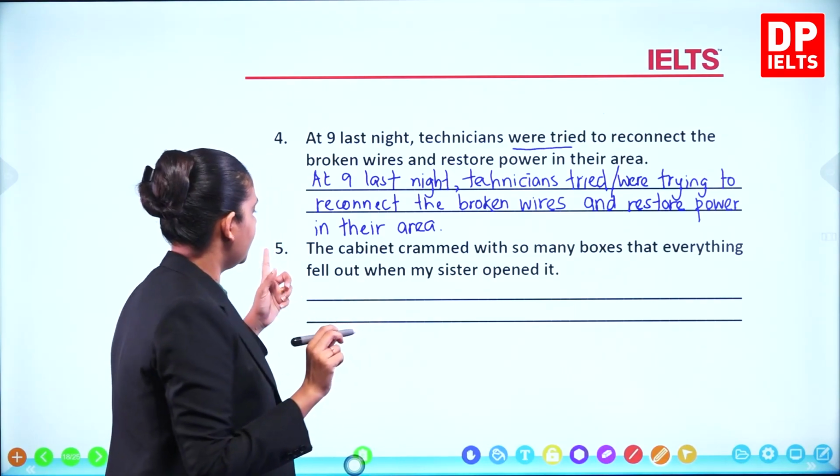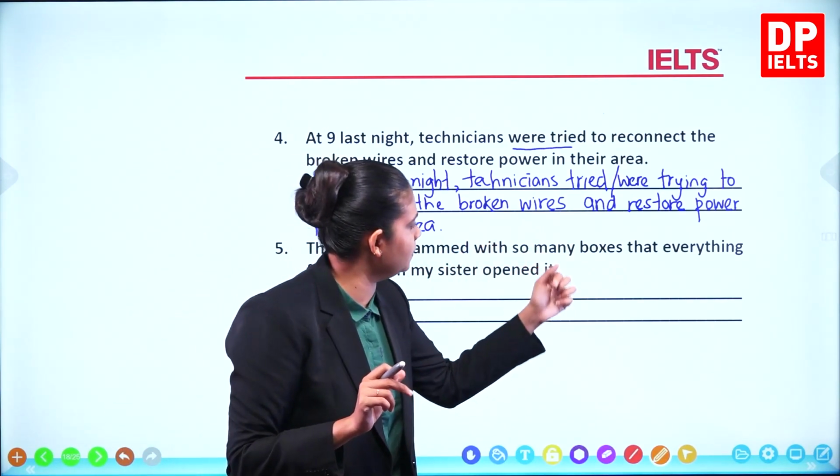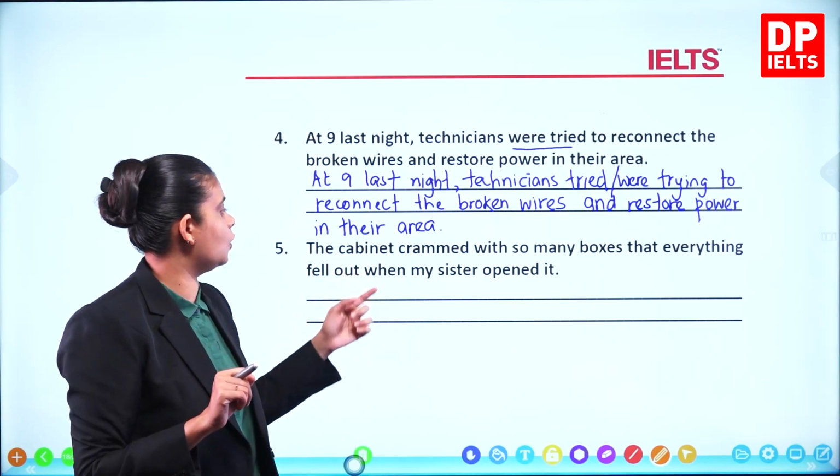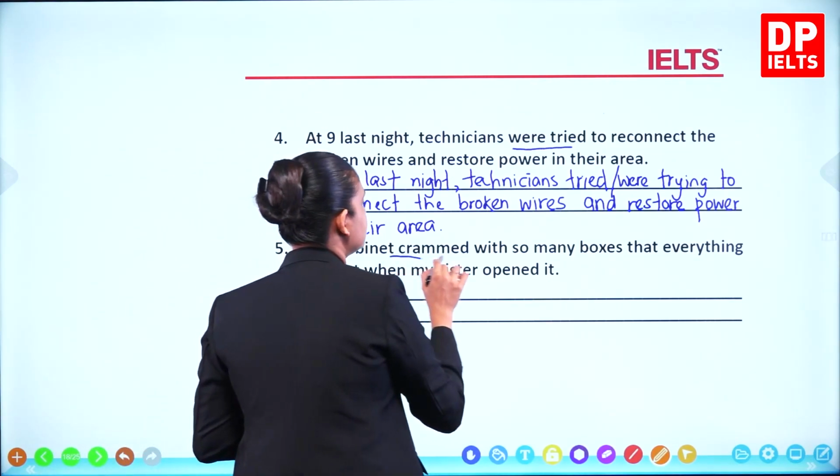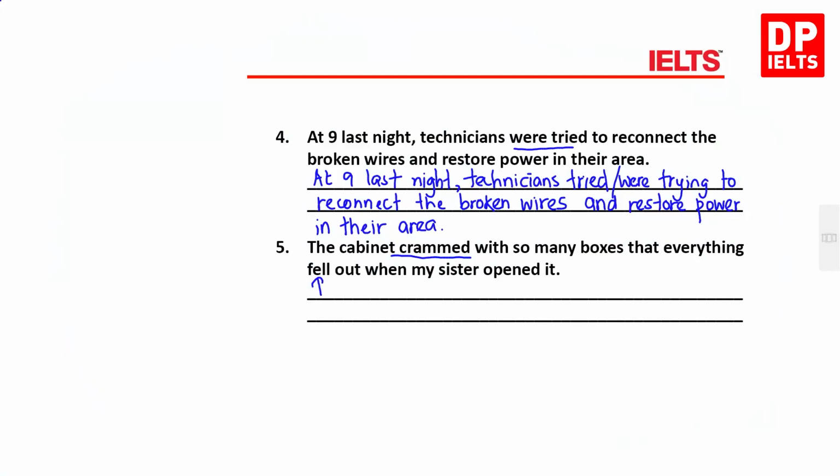Right? The cabinet crammed with so many boxes that everything fell out when my sister opened it, right? So this should be rather not active but passive, right? The cabinet was crammed. So crammed, right? With, because we know there's with here, with boxes and things. You know that the word cram has to come with, right?